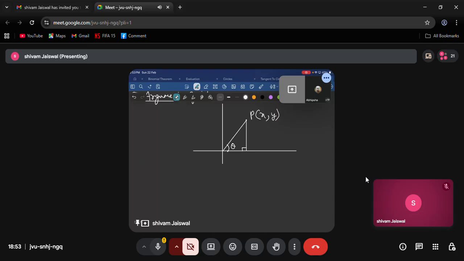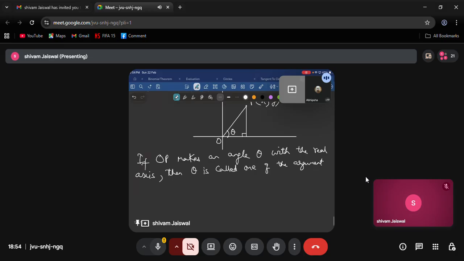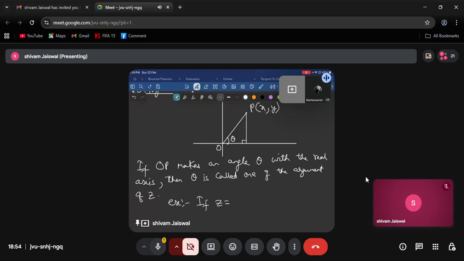So if OP makes an angle theta with the real axis, then theta is called one of the arguments of z.